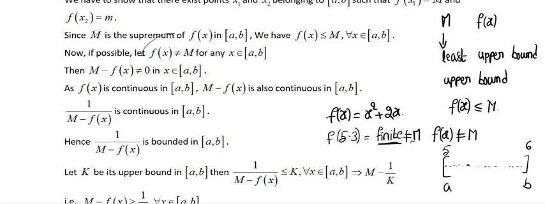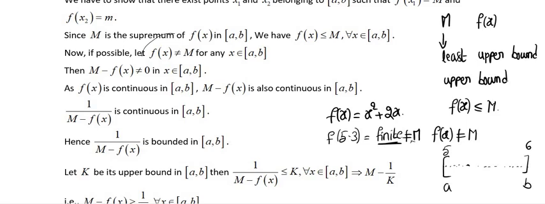But we know one theorem, that every continuous function defined on a closed interval is bounded. Therefore, this function, 1 by M minus f of x, is bounded in the closed interval [a, b]. Bounded means it is both bounded above and bounded below. So, bounded above means we are going to get an upper bound.